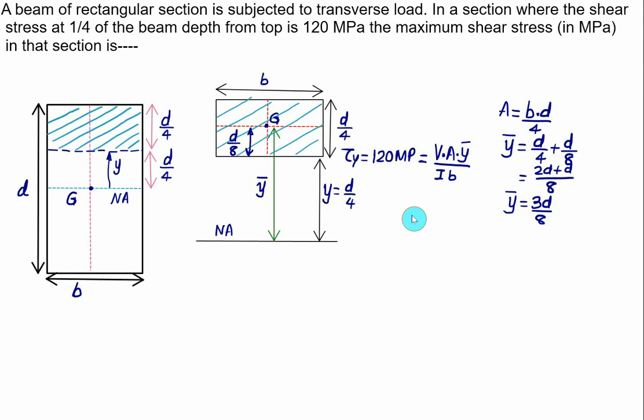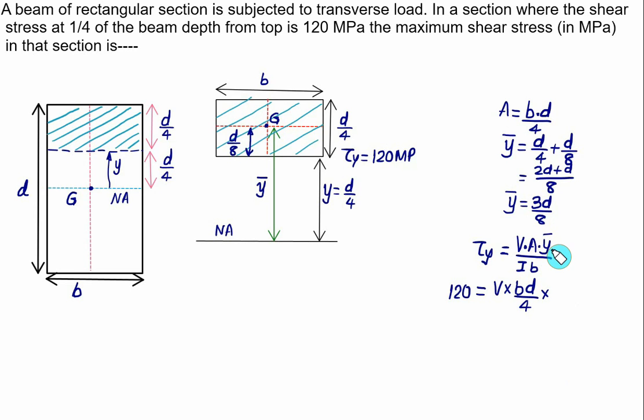So that is the sufficient information for us. Using this we try to calculate the average value of shear stress. So we have tau y equal to 120 megapascal. Let's substitute here. We have V, area equal to b multiplied by d divided by 4. Then we write down the value of y bar, which is equal to 3 times d divided by 8.